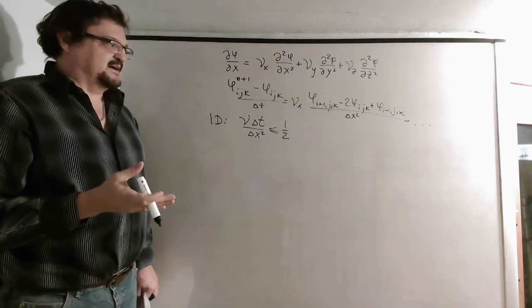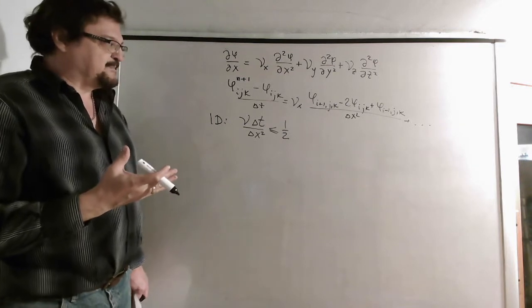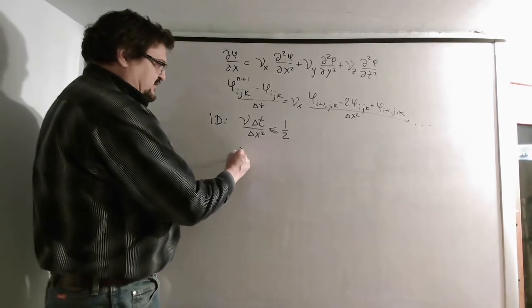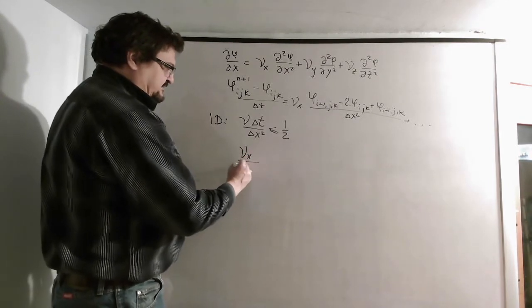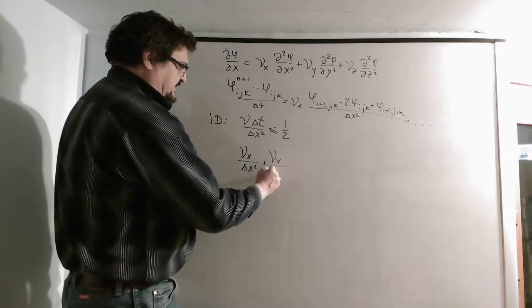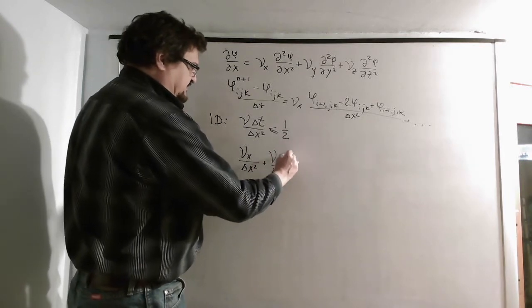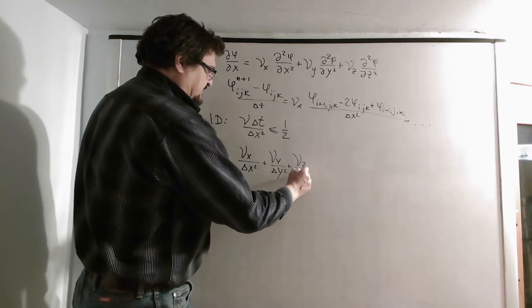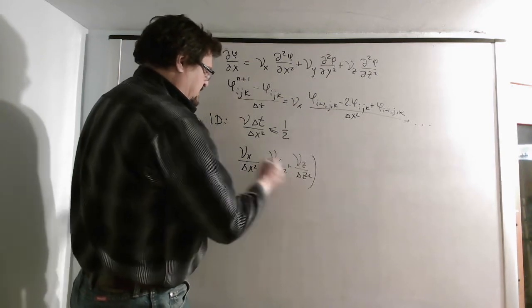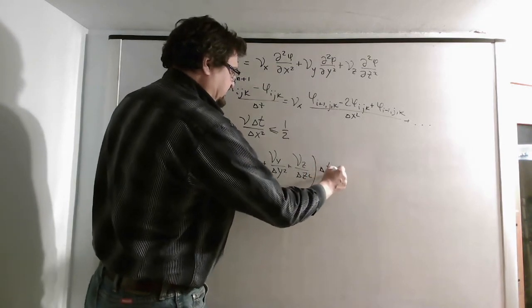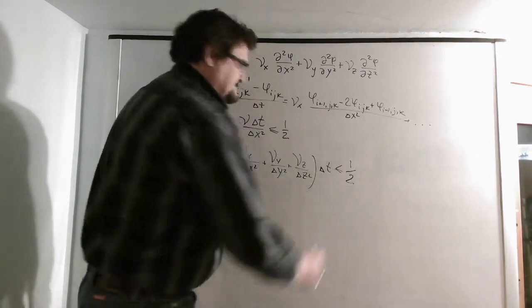You basically have nu x divided by delta x squared plus nu y divided by delta y squared plus nu z divided by delta z squared, times delta t, should be smaller or equal to 1/2.